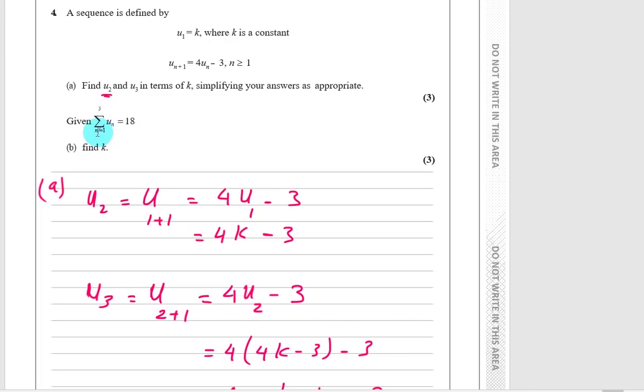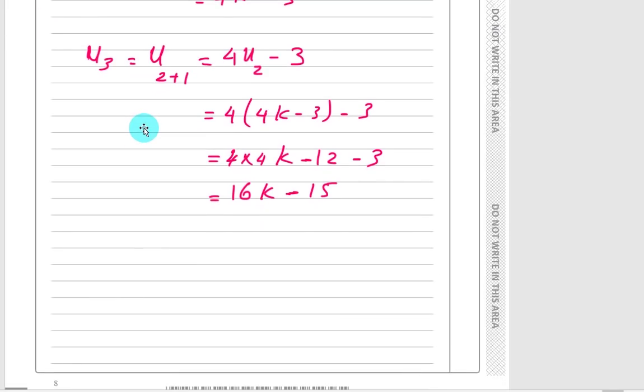Given summation from n equal to 1 to n equal to 3, un is equal to 18. Find the k.